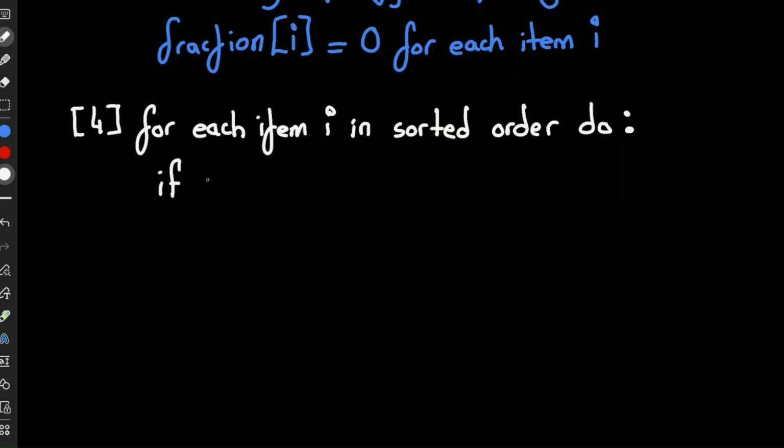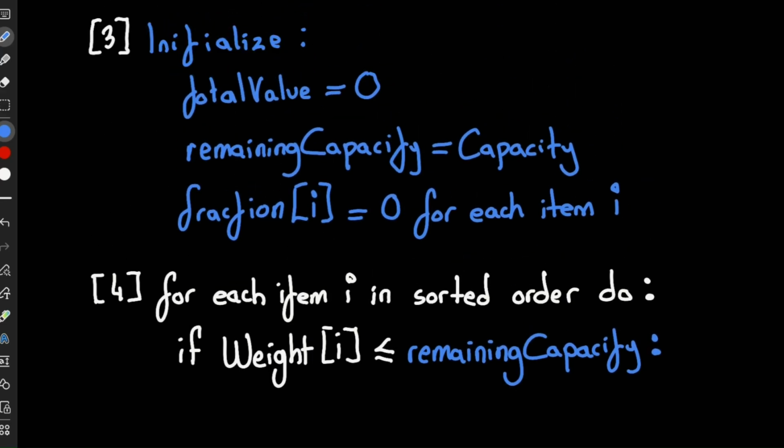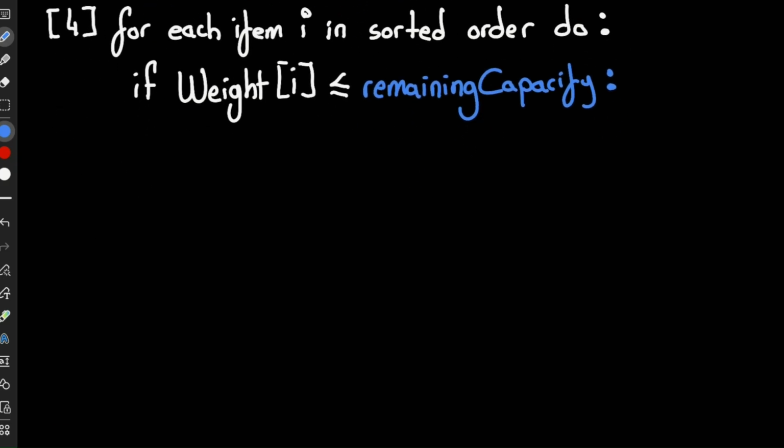If the weight of I, the weight of that item, is less than or equal to the remaining capacity, as you remember, we have initialized it here as the capacity. If the weight of that item is less than or equal to the remaining capacity, that means that we can take that item as a whole.